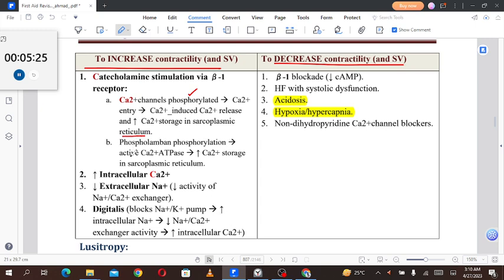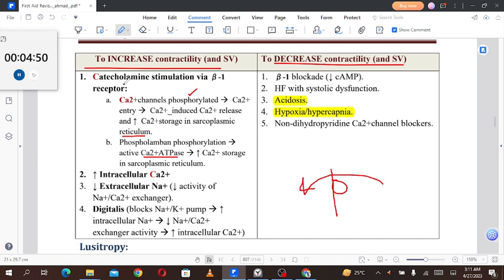Phospholamban phosphorylation activates the calcium ATPase. We studied that phospholamban normally down regulates the SERCA. SERCA is basically the calcium ATPase, the sarcoplasmic reticulum channel that pumps calcium into the sarcoplasmic reticulum for storage, and phospholamban is an inhibitor of SERCA.